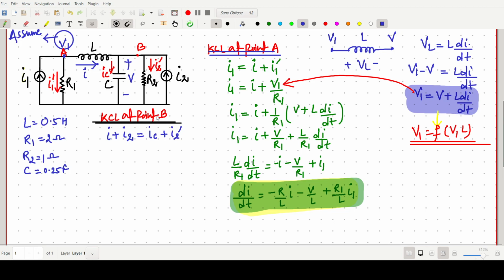Very simple. In such questions, it is very simple to write the KCL.